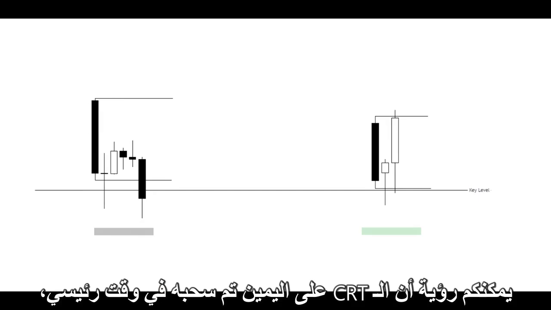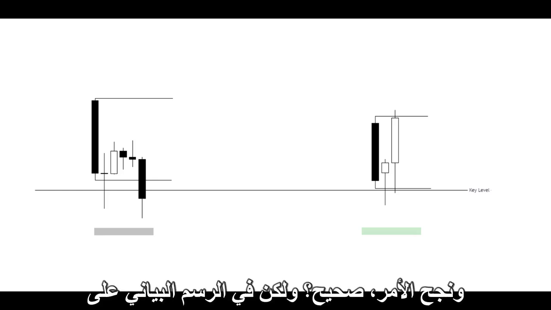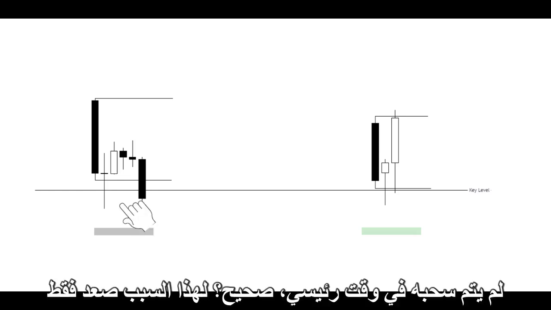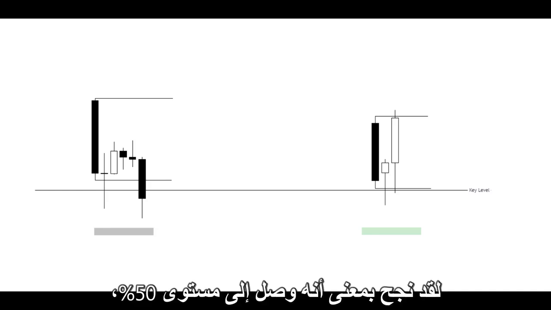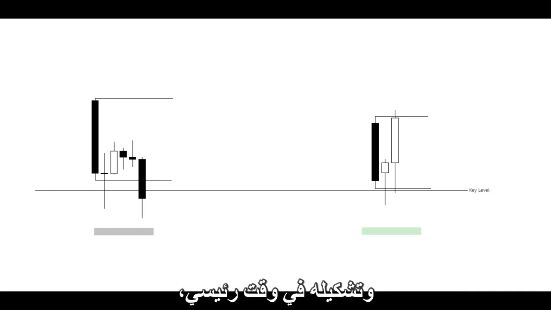You can see that the CRT on the right, the CRT was purged at a key time, and after that, price went out to take out the opposing range high, and it worked out, right? But in the graphic on the left, you can see that the CRT was not purged at a key time, right? That's why it only went and reached the 50%, but then it reversed and took out the low. It worked out in the sense that it reached the 50%, but still for it to work the best, it has to be purged and formed at a key time.